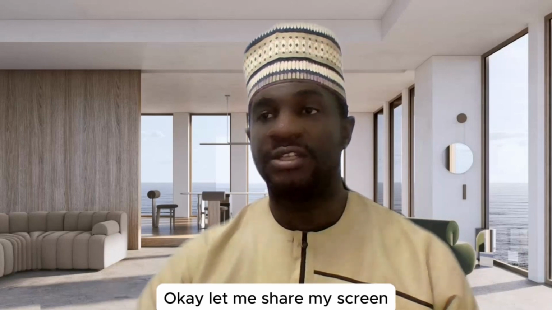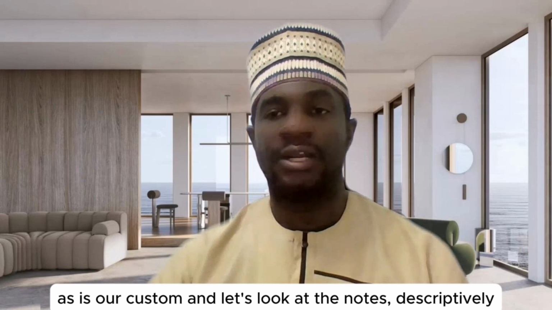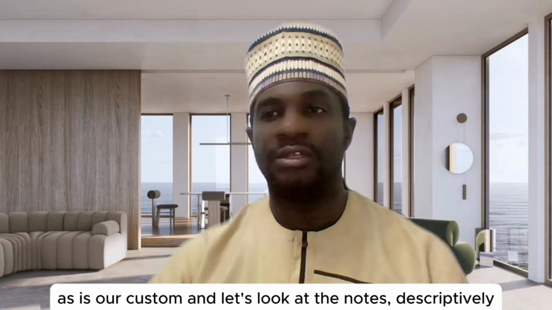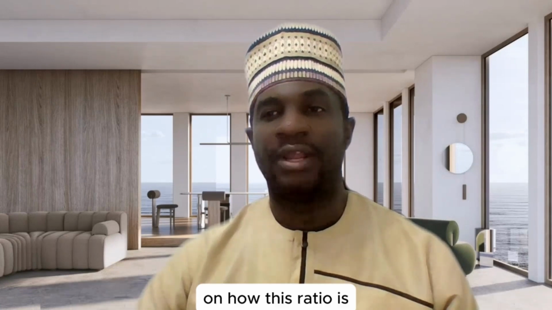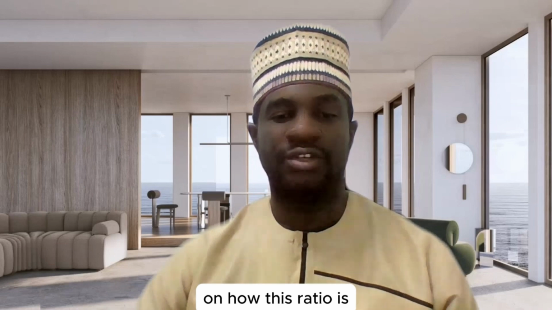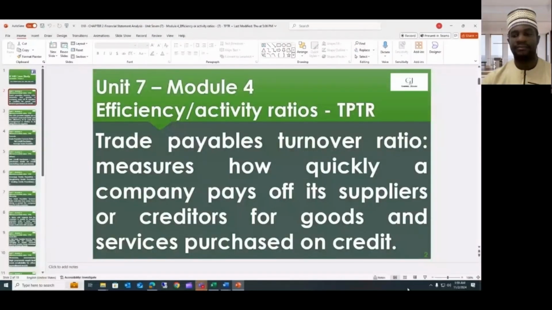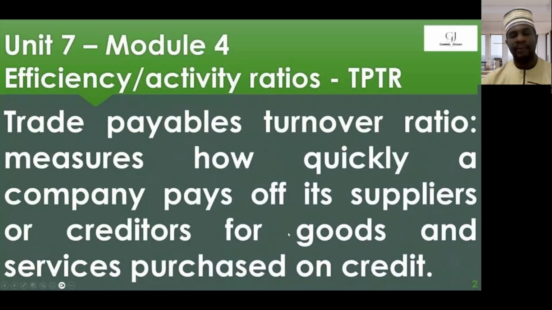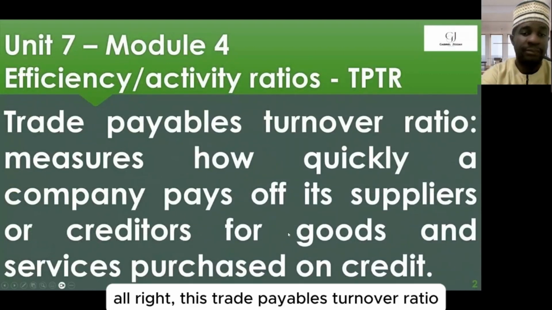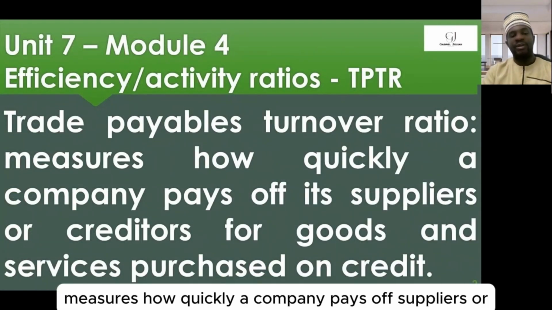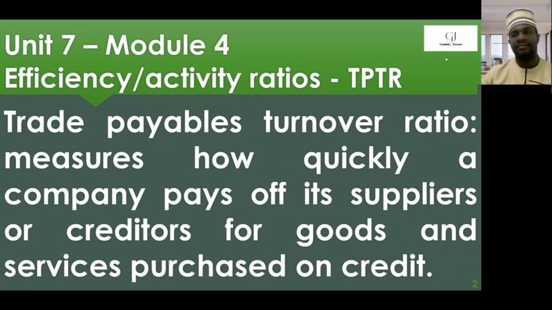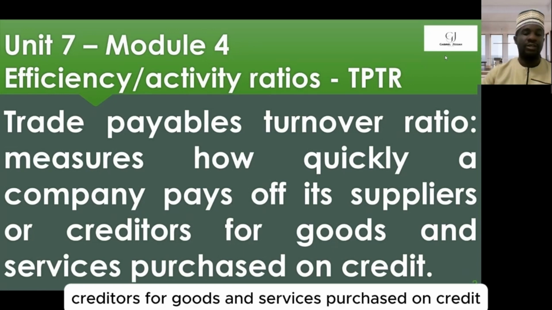Okay, let me share my screen as is our custom and let's look at the notes descriptively on how this ratio works. All right, this trade payables turnover ratio measures how quickly the company pays off suppliers and creditors for goods and services purchased on credit.